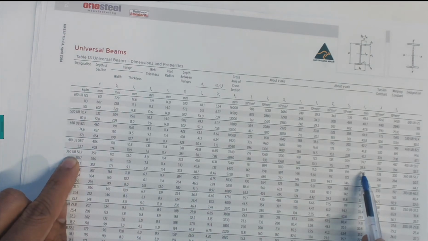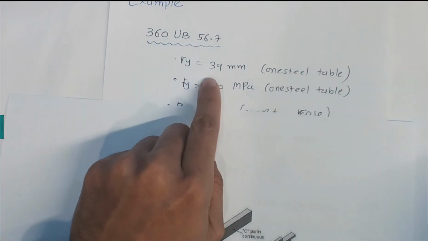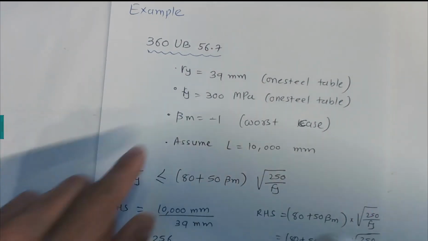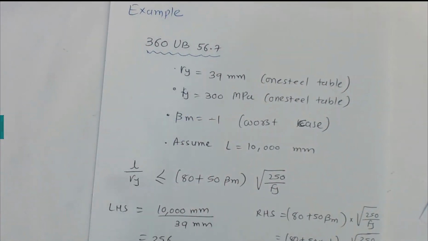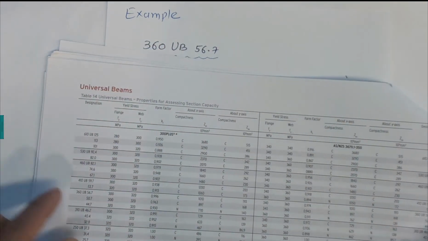As you can see here, Ry is 39 millimeters. Fy is 300 megapascals, and that is coming from here.